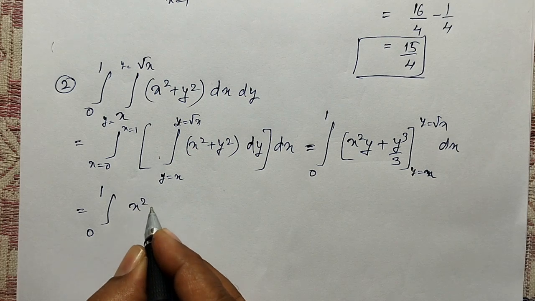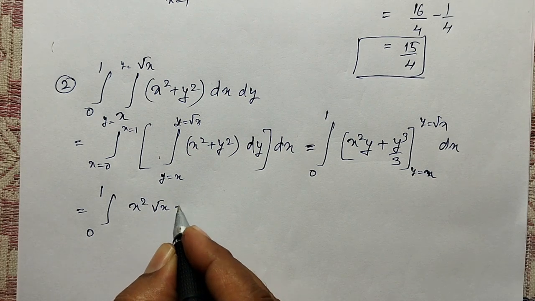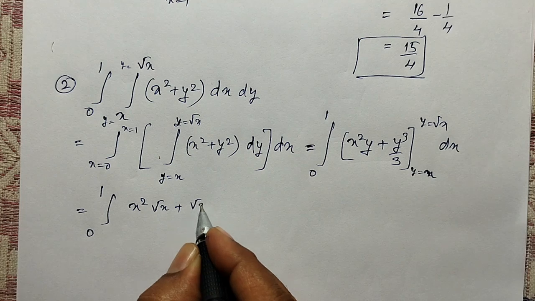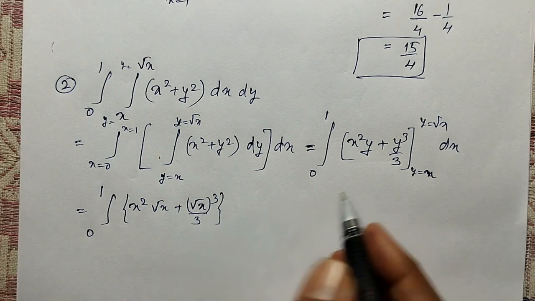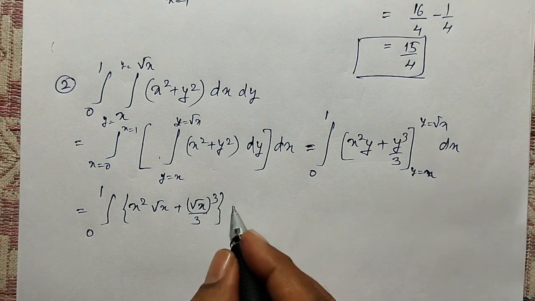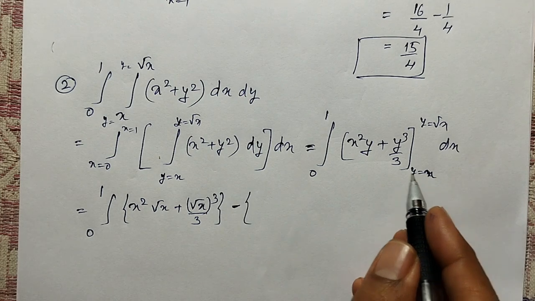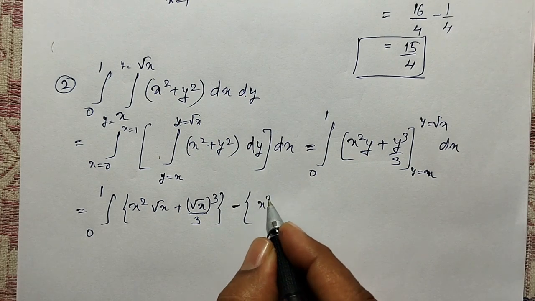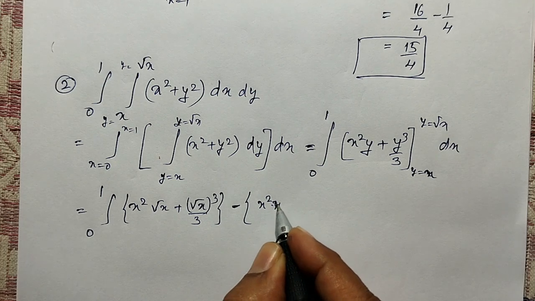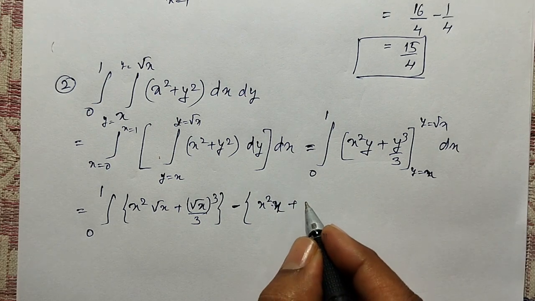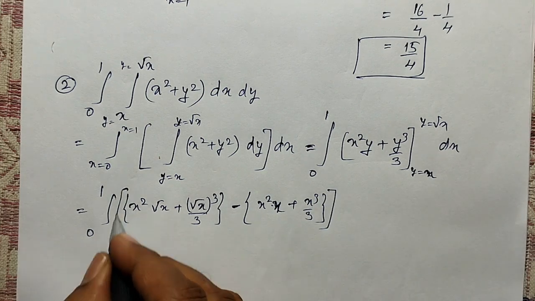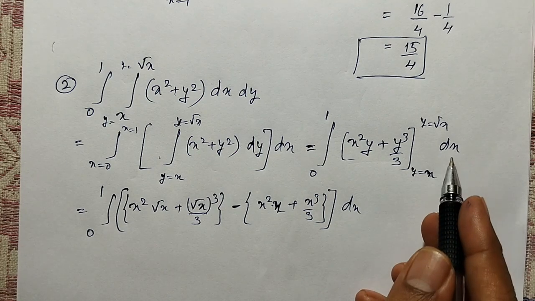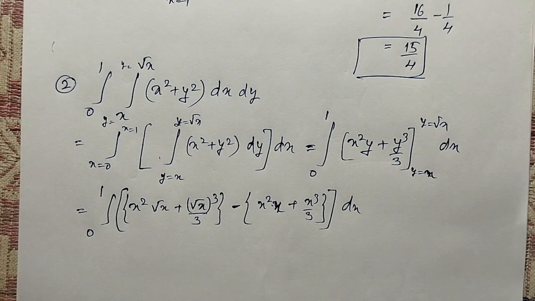Therefore, x square into root x plus root x cube divided by 3, this is my upper limit as y is replaced by root x, minus lower limit, y is replaced by x: x square into x plus x cube divided by 3, into dx. We have not yet integrated with respect to x. Therefore, dx also I am keeping as it is.